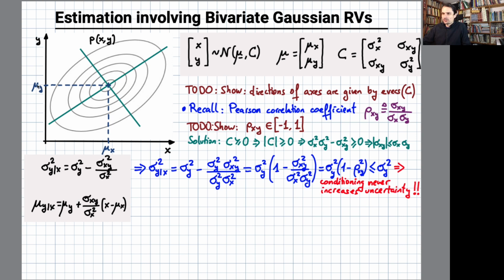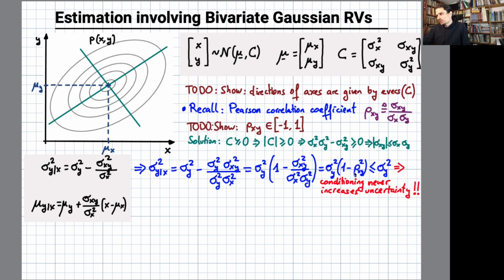So this means that conditioning never ever increases uncertainty, okay? So if there are two random variables and we observe one of them, that will never increase our uncertainty about the other random variable that we have not observed. Okay, so this is in case that the variables are correlated, right?